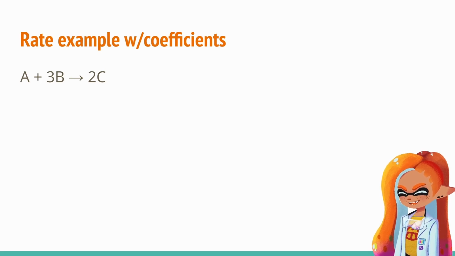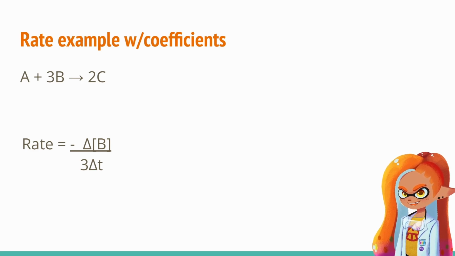Here is an example. This is just a random reaction, and we're going to write the example rate. You can see here we have negative delta B, the concentration of B, divided by delta T, how much time spent, and the coefficient 3 on the bottom.